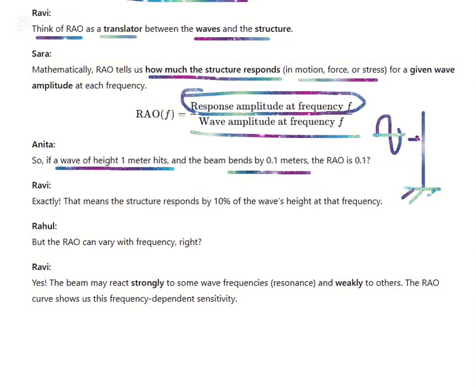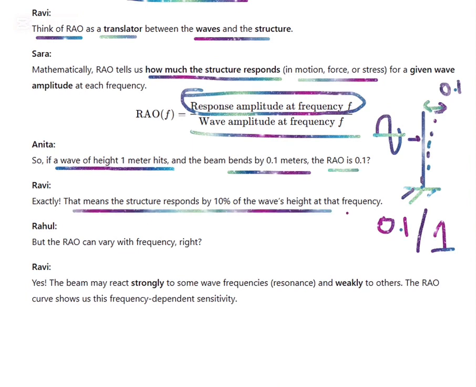It's going to hit the structure, and the structure deflects like this. You can see it bends, say 0.1 meters, with wave height 1 meter. So RAO is the ratio of this response, 0.1 divided by 1, at that particular frequency. So RAO becomes 0.1, which means the structure responds 10% of wave height at that frequency.